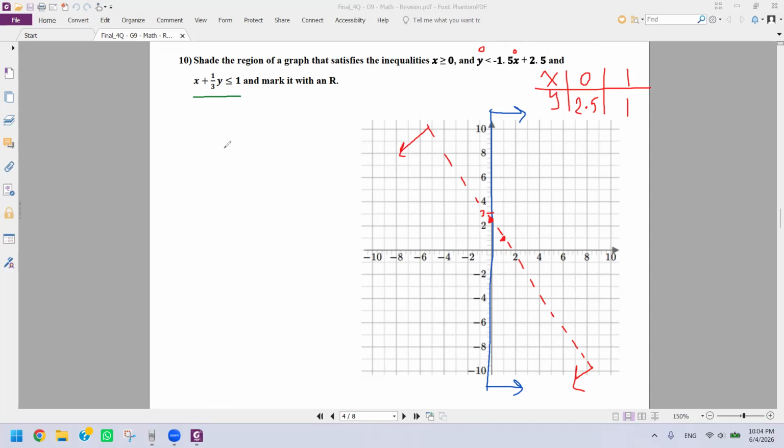Now we continue with the third line. Here you have x plus 1 over 3y is less than or equal to 1. XY table. Which one is harder? Look, x and y are on the same side, so you choose the hard one and give values for it. Y is harder, because it's 1 over 3y.